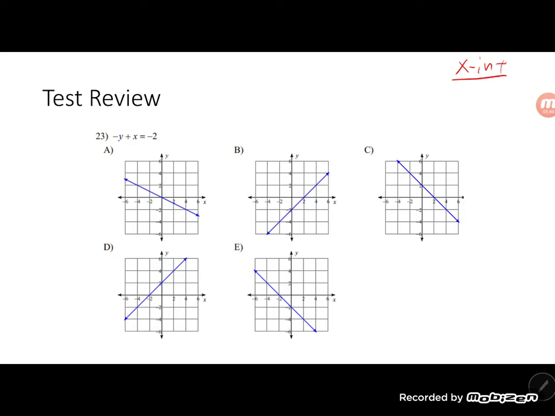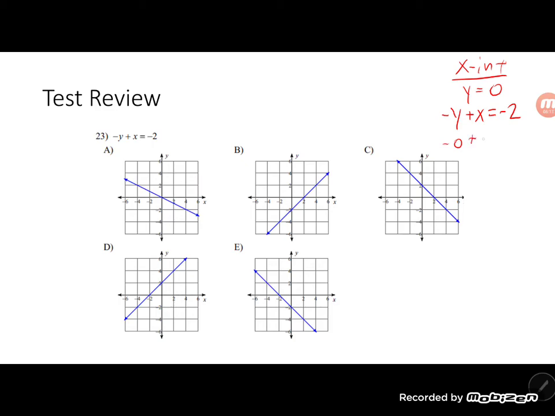Anytime I look for an x-intercept, remember, y is going to be equal to 0. So I'll write my equation right here: negative y plus x is equal to negative 2. Now I want to plug in y equals 0.